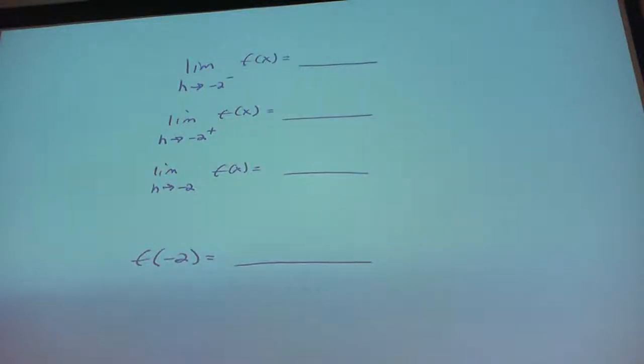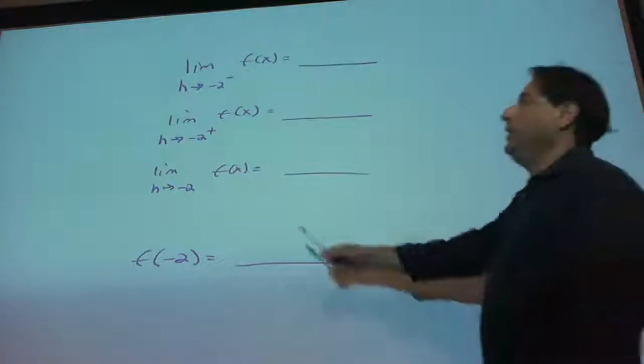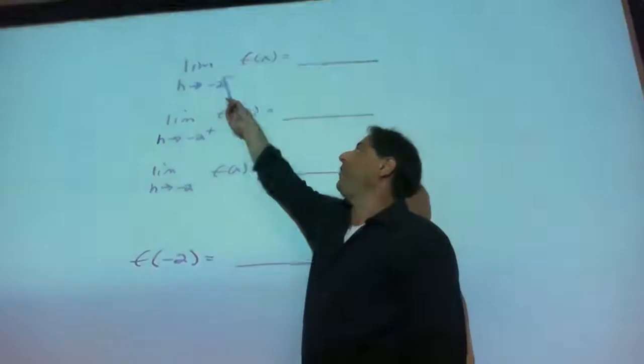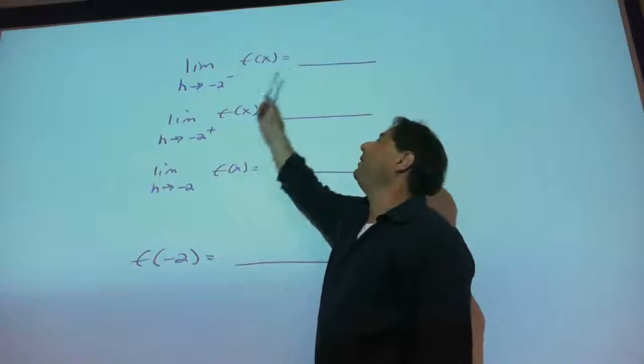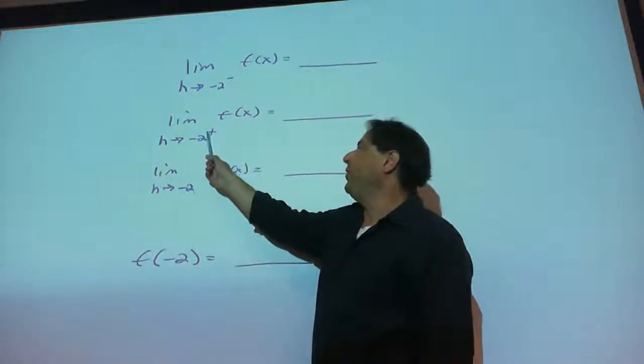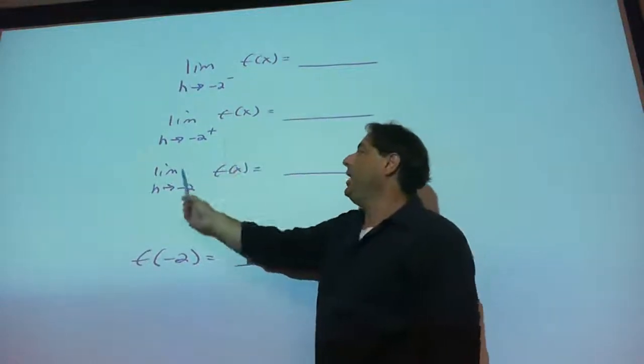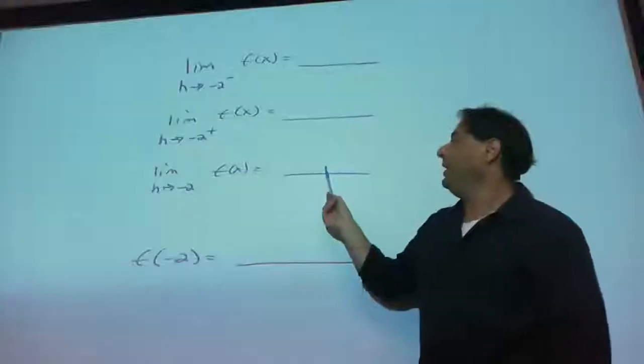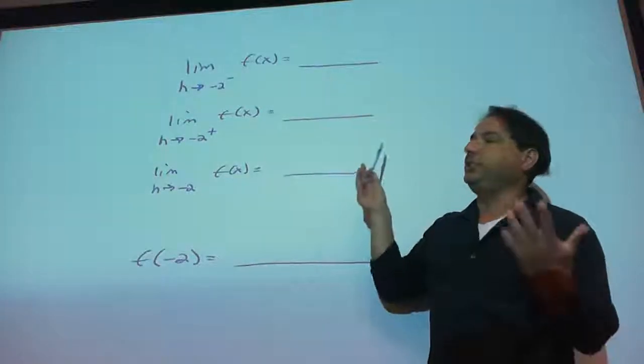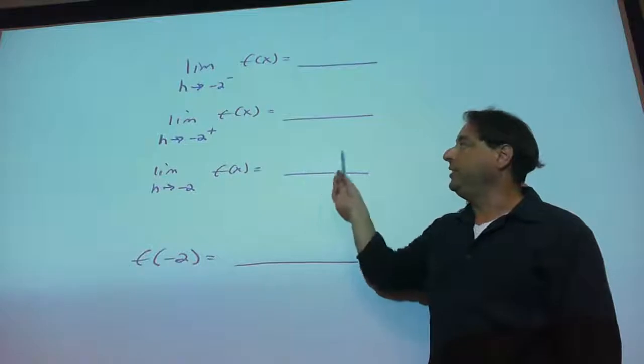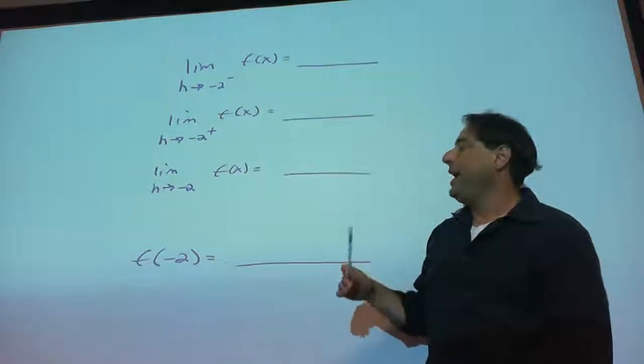So this is review of last time. The limit as h approaches -2 from the left, what do you get? The limit as h approaches -2 from the right, what do you get? If these numbers match, it exists or doesn't exist. If it doesn't exist, you're done. If it exists, what number is it? It should be the same number. And what happens when you plug in -2?